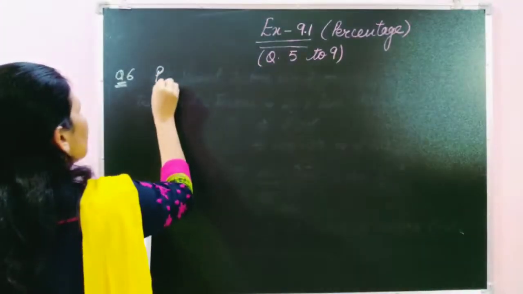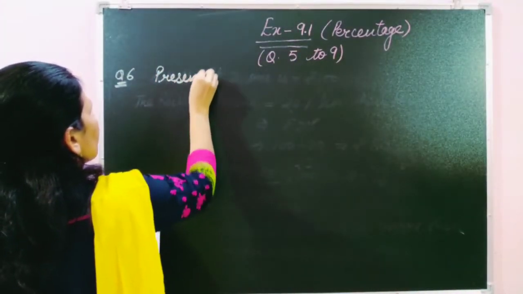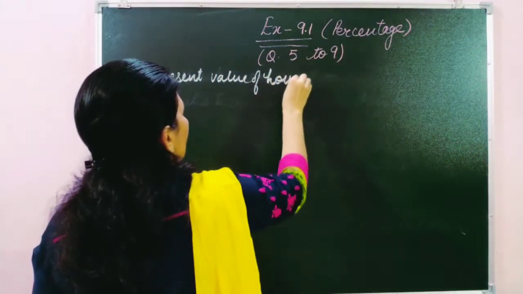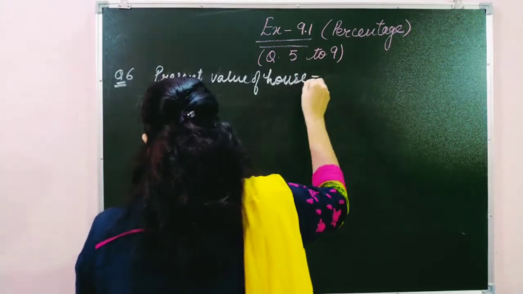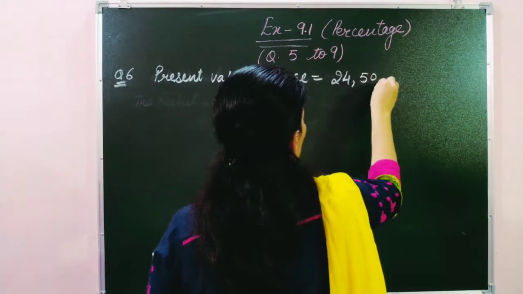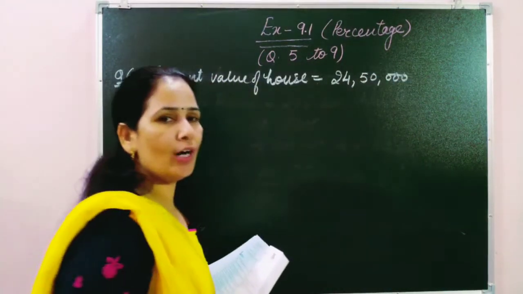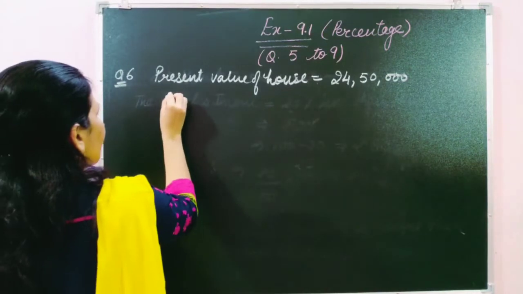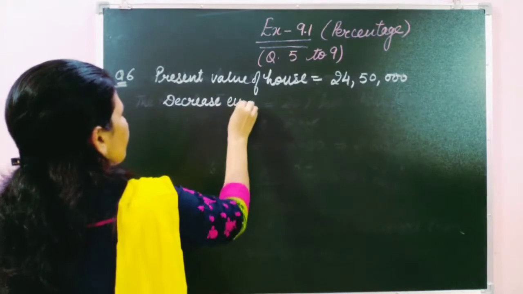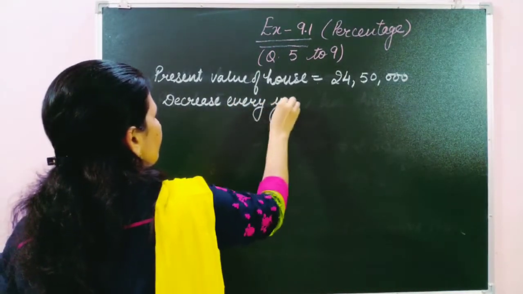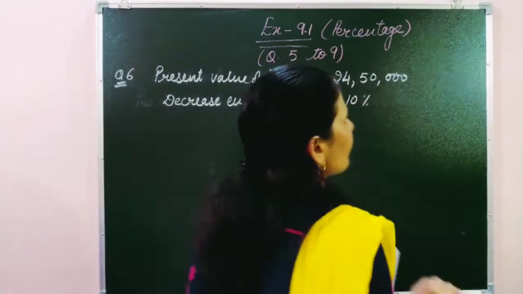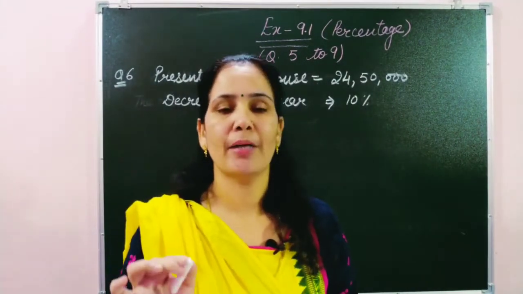Present value of house, that they have given, is 24,50,000. It decreases every year by 10%. That means the value of the house decreases every year by 10%.